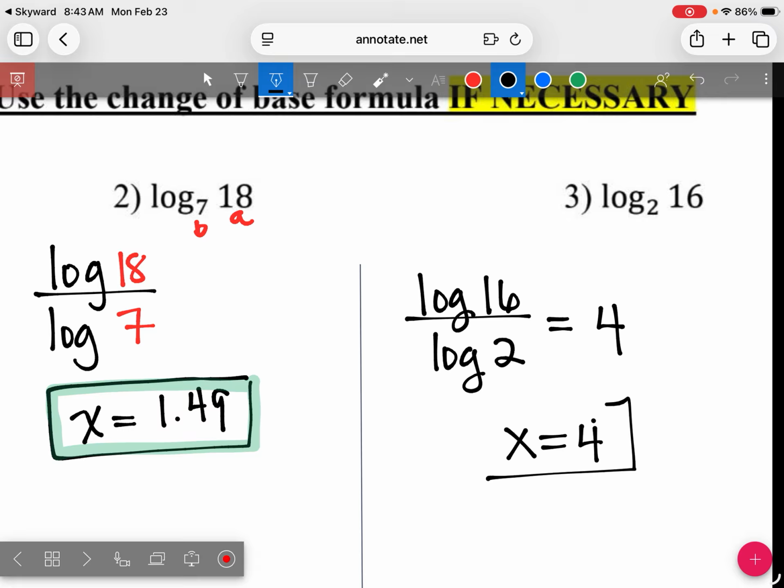All right, so that's one where we didn't need to do the change of base because, remember, a log is asking for the exponent. So it's saying 2 to the what power is 16. Well, we didn't need a calculator to do that one. We could have just figured it out. But if you can't figure it out, you can always use the change of base. All right, let's go to the bottom, the last 3.